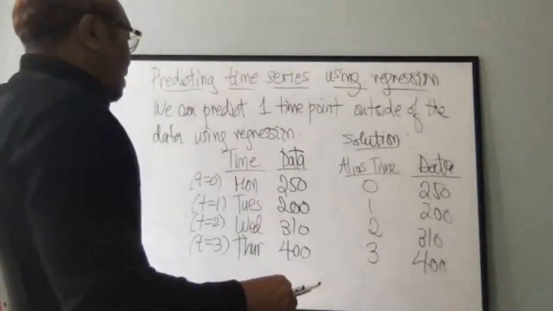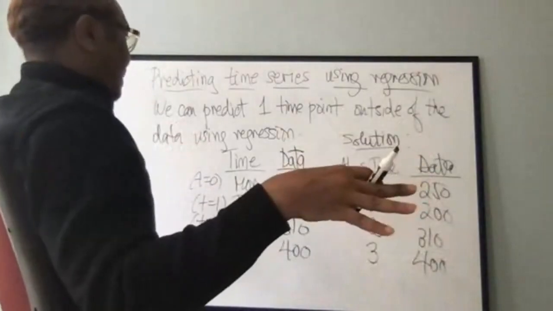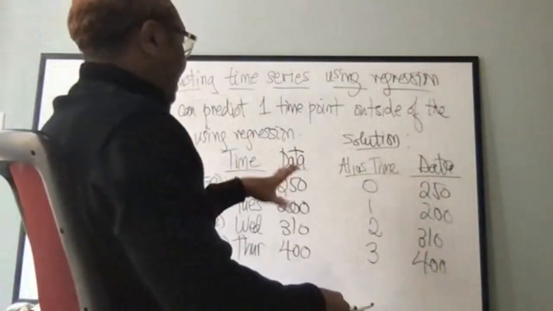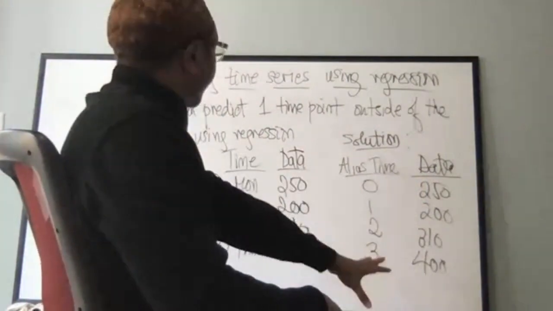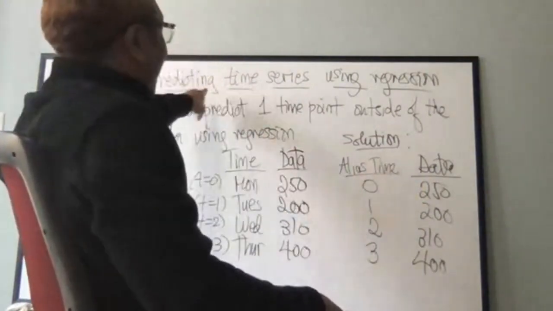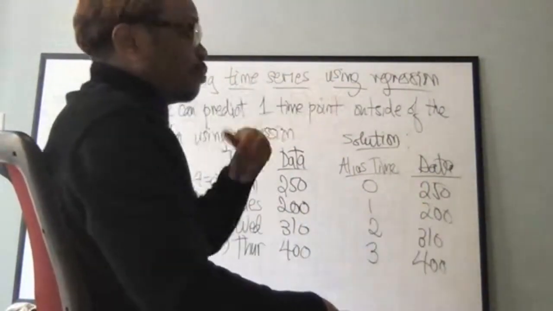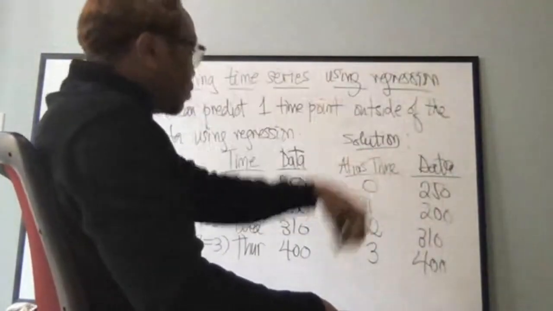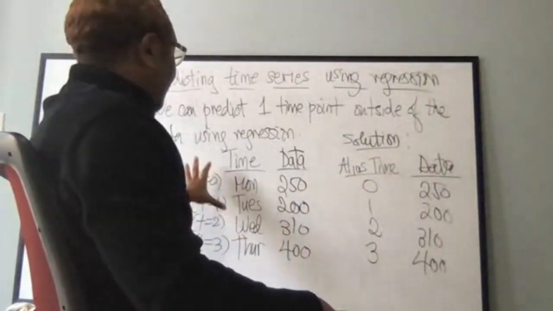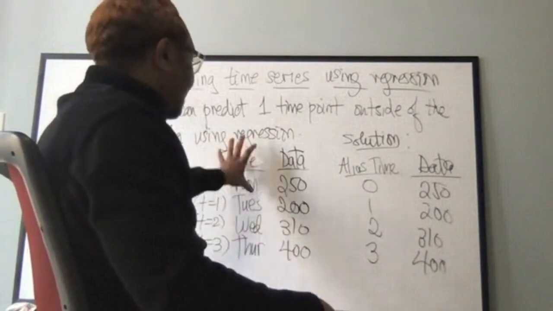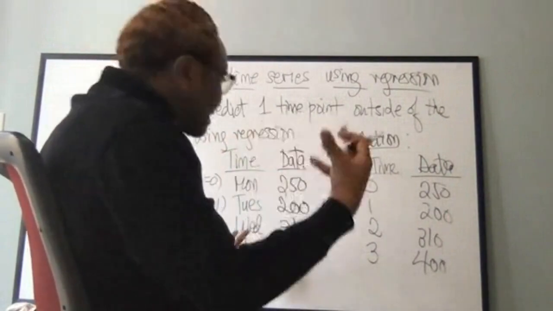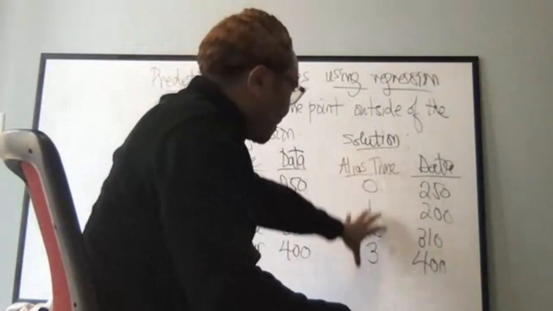Okay, so let me slow down a little bit. Does everybody see what I did from here to here? Because we want to use a time series to do a regression and to predict one point into the future, but I cannot do that until I at least change the X column into some system that shows numbers.